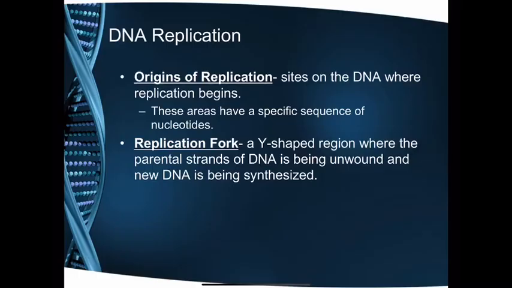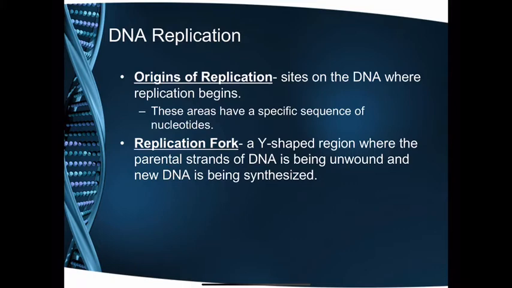Okay, so when we talk about DNA replication, it happens in an area called a replication fork. Okay, and so it's kind of a region where the DNA is unwound. So remember, the DNA is a double helix, and it's held together in the middle by hydrogen bonds.